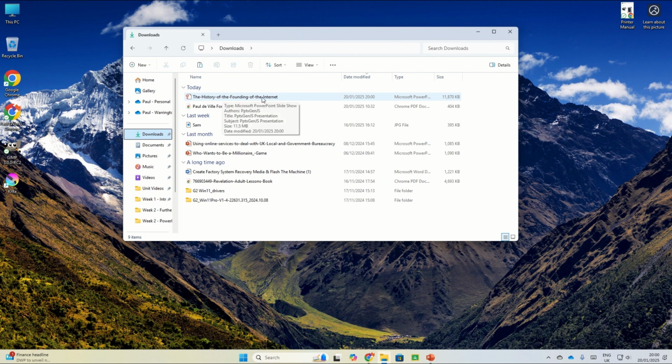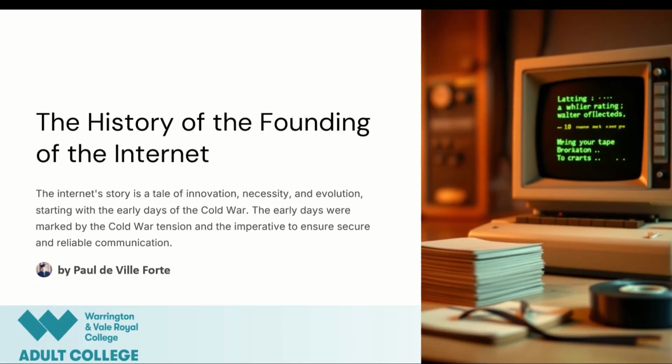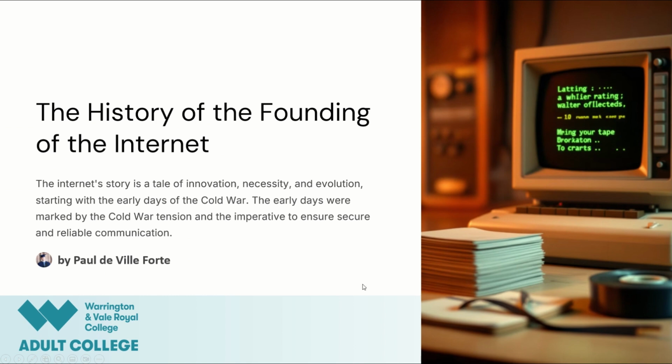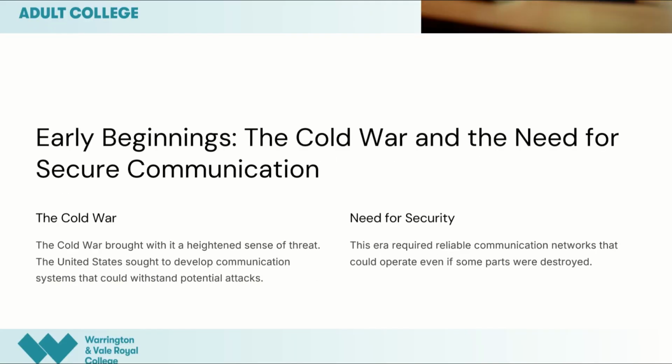So there is my presentation, but when I click on it, you don't need to actually have a copy of PowerPoint anymore, because it's a PowerPoint show. It just requires that you double click on it and it will run as a standalone application. So double click, and straight away it's running. It's going to look exactly the same as if we'd used it now.